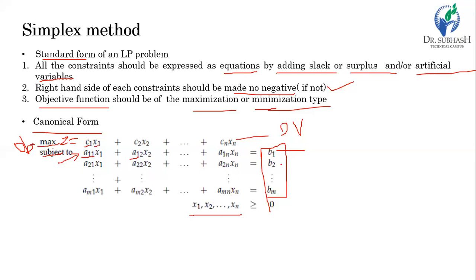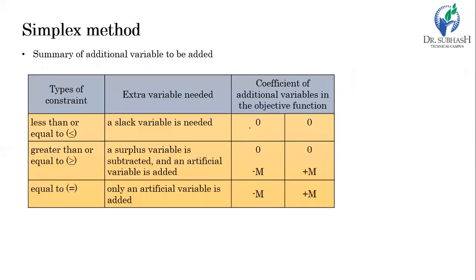Then the right hand side must be positive, say the amount of resources must be positive, and the objective function must be either a maximization case or a minimization case. After this much discussion, let's talk about how to convert the inequality sign, or how to add a slack variable or surplus variable to an inequality sign.